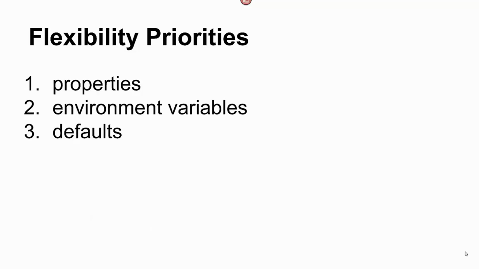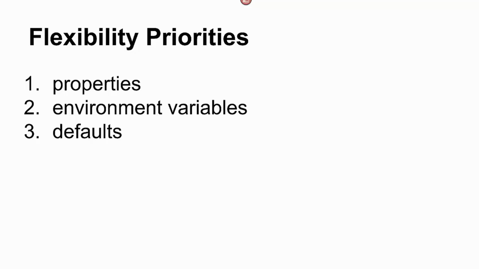And I'm going to use the following priorities: properties, then environment variables, then defaults. That way, properties passed into the JVM can override environment variables, which helps with CI config and debug execution. The environment variables come next.